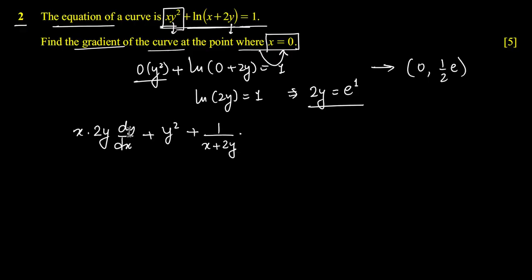Plus 2y into the derivative of this, which is 1 plus 2 dy/dx, and the derivative of a constant is 0, so this equals 0.